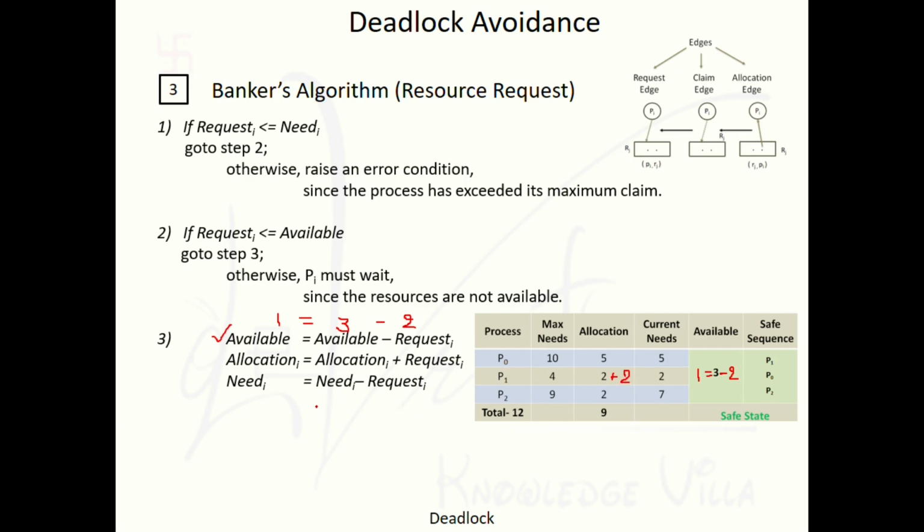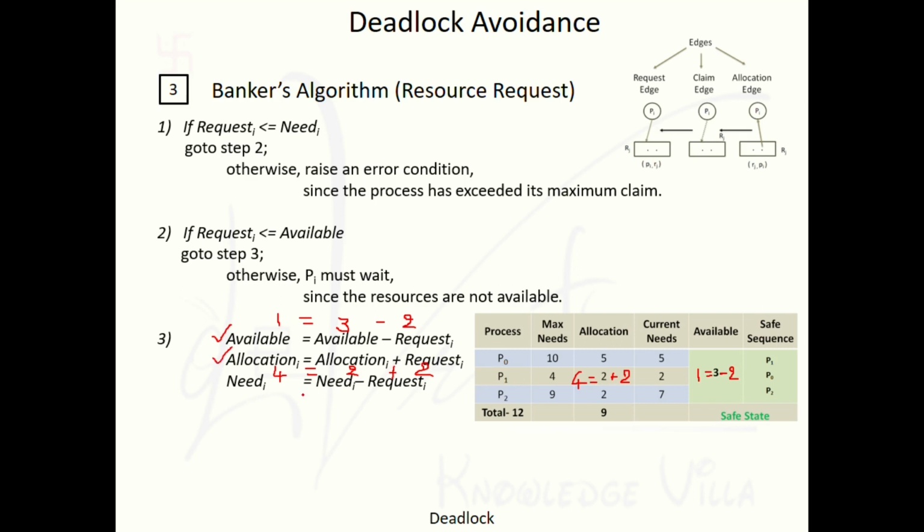Already 2 resources were allocated, plus 2 more requested by process P1. So allocation will be a total of 4: 2 plus 2 equals 4. It means a total of 4 resources are allocated to process P1. Hope you are understanding this second line also.